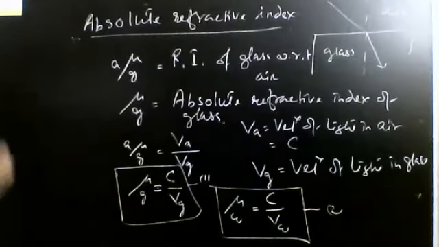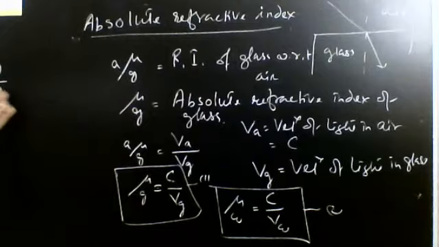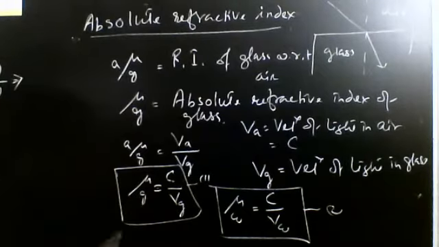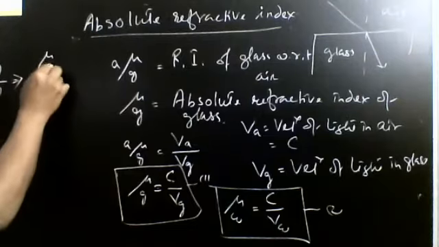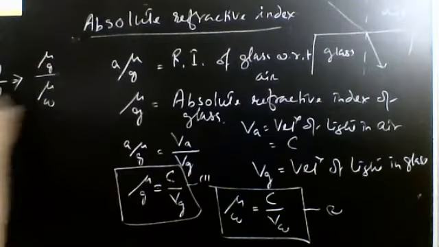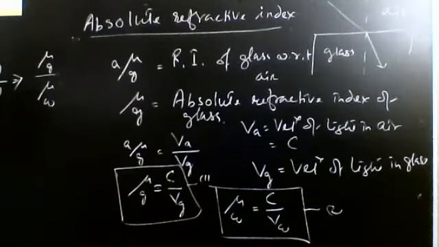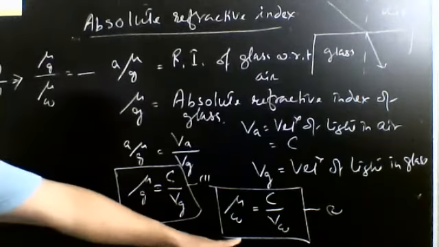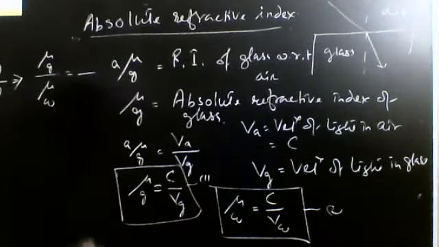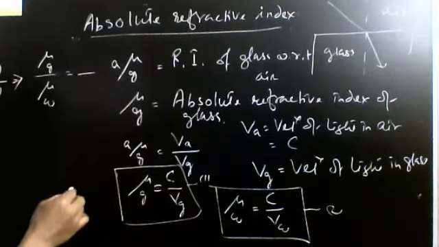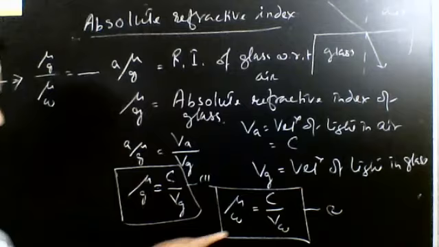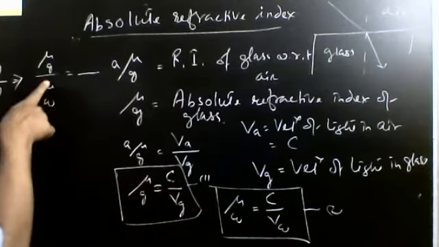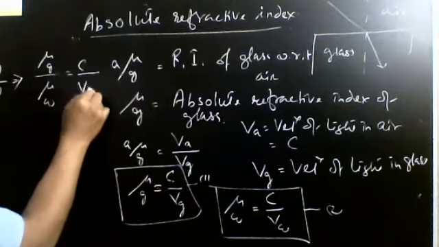If this is equation number 1 and this is equation number 2, then if you divide 1 by 2, what will you get? mu G by mu W. Okay, mu G by mu W is equal to what? mu G, in place of mu G, C by VG.